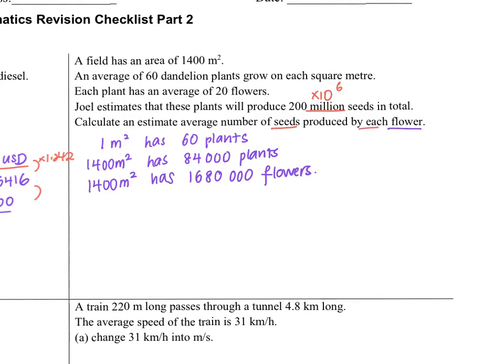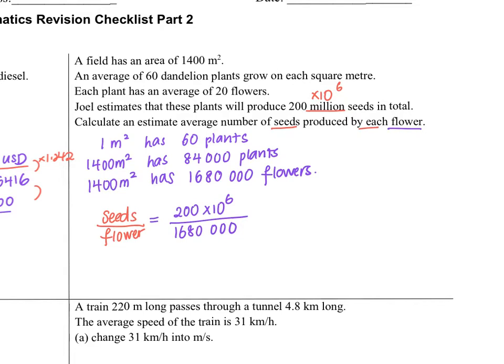Seeds per flower means I'm going to take seeds divided by the flowers. So the number of seeds that we have is 200 million, divided by the number of flowers we have, which is so much.